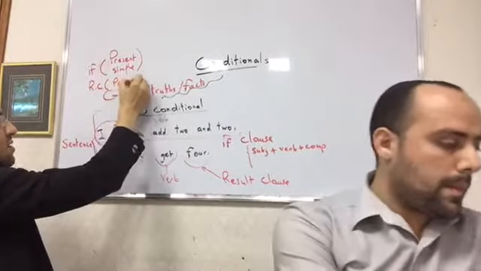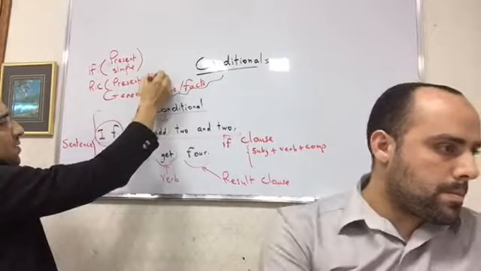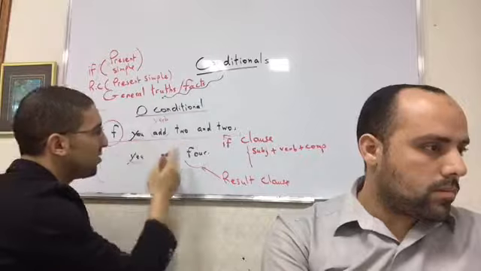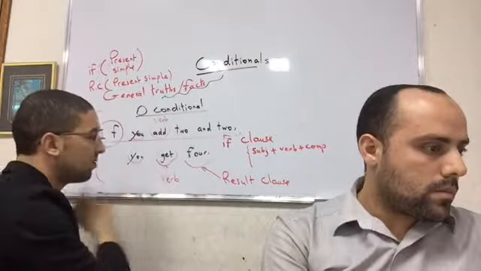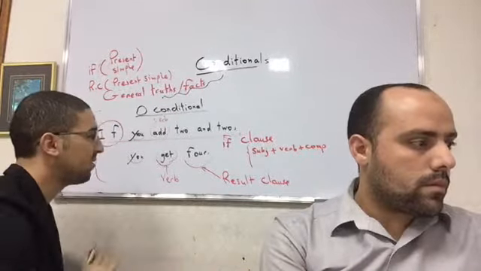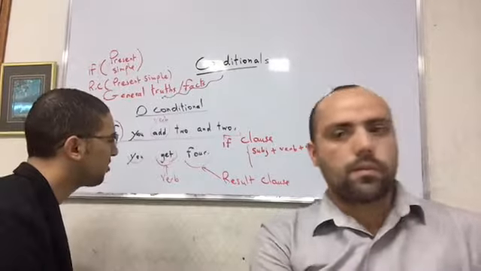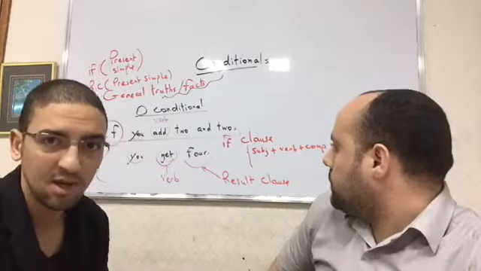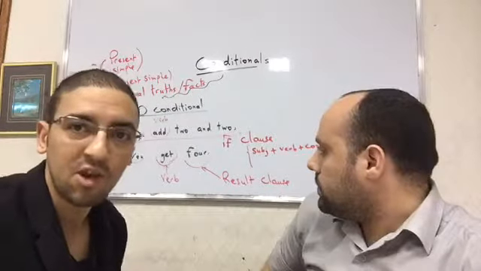We don't say, for example, if you add 2 and 2, you got. You never put the verb in other tenses, never use the past simple, the future, anything. Use the present simple to show that this is a fact, it can never change.